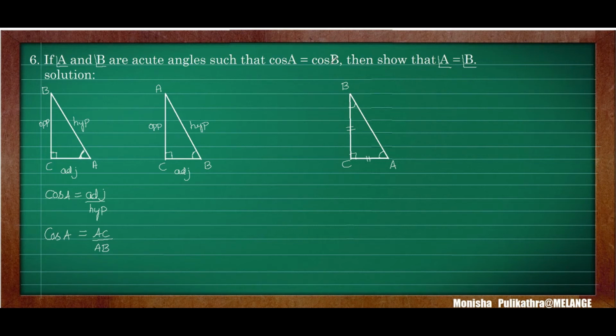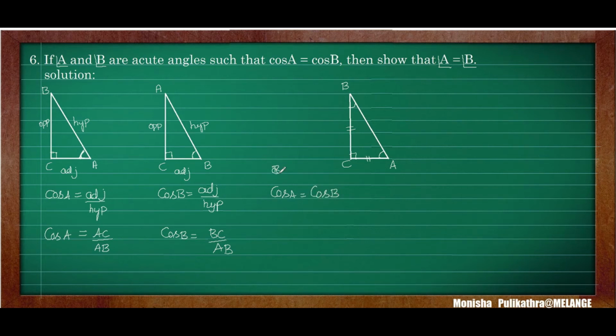Next, in the second triangle, that is cos B, cos B is again adjacent by hypotenuse. Here in this figure, B will be the angle since the trigonometric ratio itself shows cos B. So adjacent by hypotenuse, in this case cos B will become BC by AB.